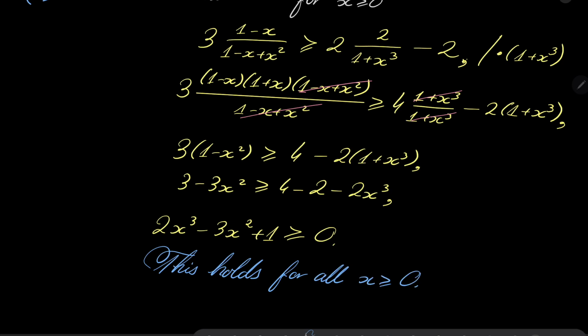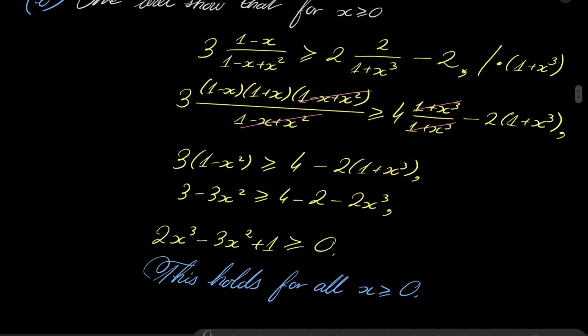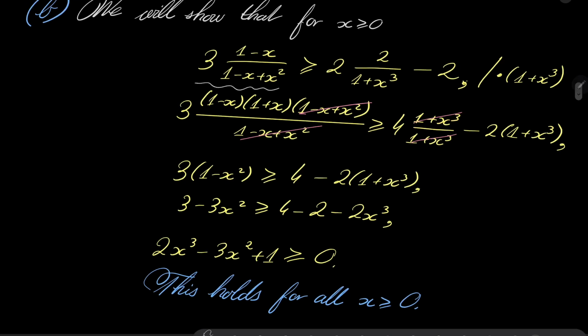Alright. And by the way, you may wonder, how on earth have I come up with this idea that we should put 3 right here, 2 right here, and minus right here? Well, my line of reasoning was like that. On the left-hand side of the inequality which we wish to demonstrate, we have an expression of this kind.